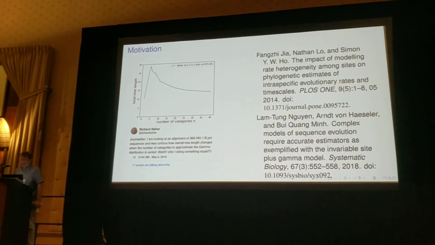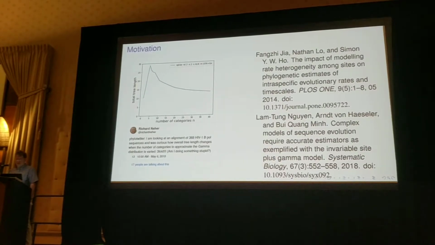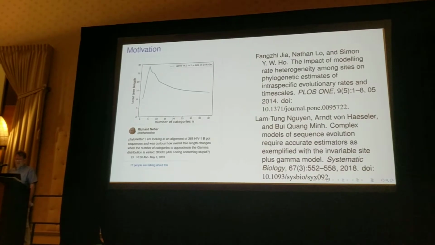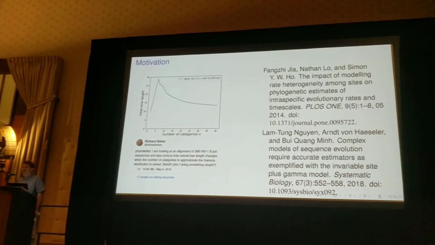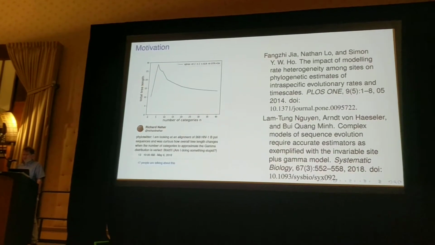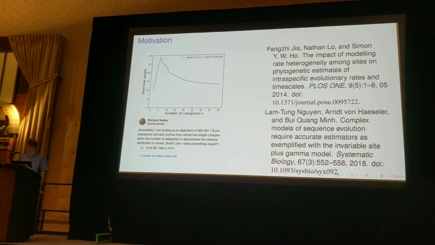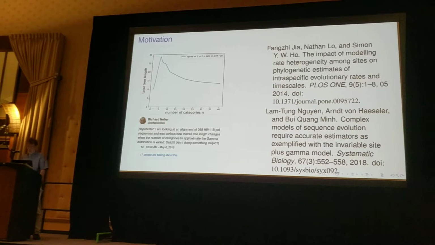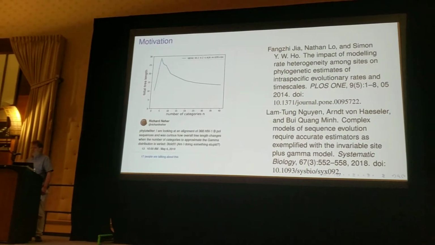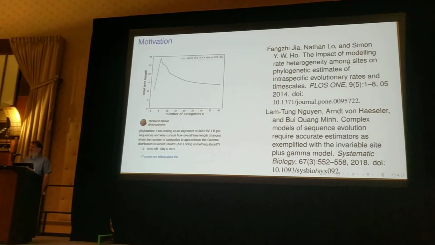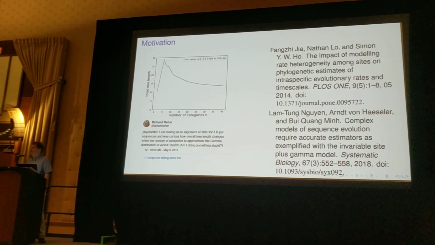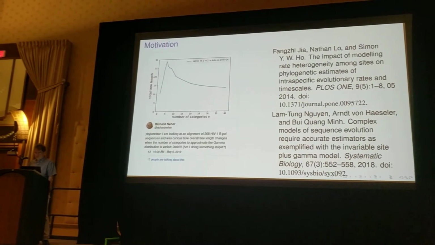When he had the classical 4 rate classes, the total edge length of the tree was 3 times as high as when he had more rate classes. So he asked, am I doing something stupid? And we'll hopefully see that he actually didn't do anything stupid, but we probably should be a little more careful when we estimate these models.